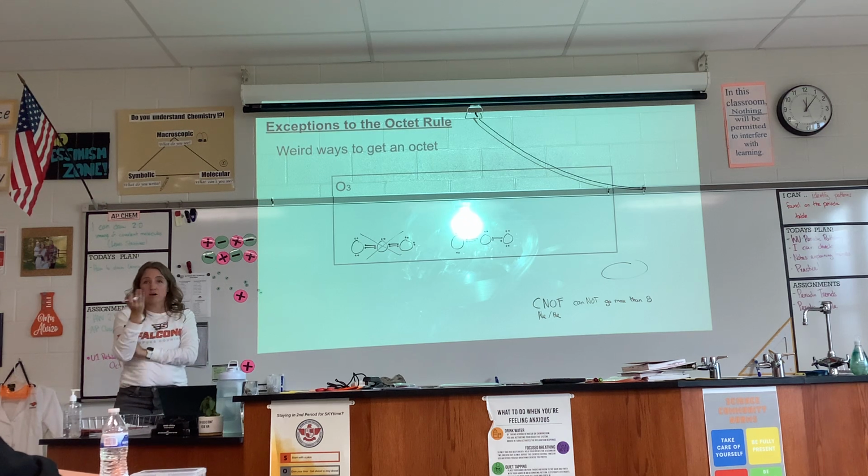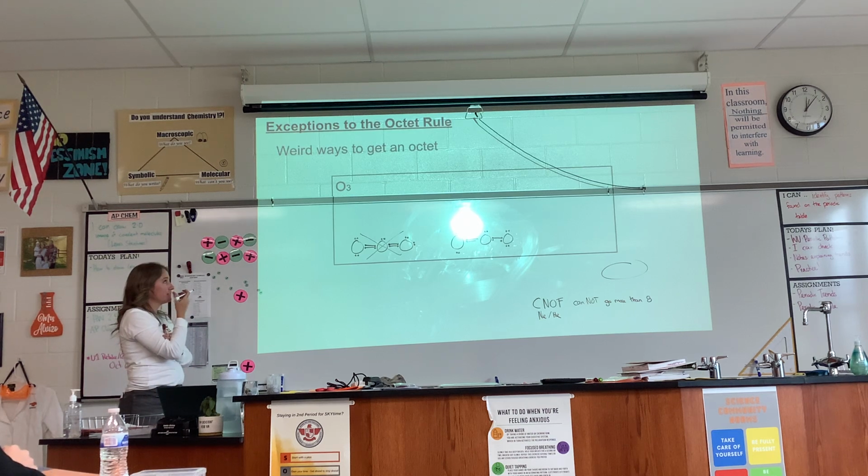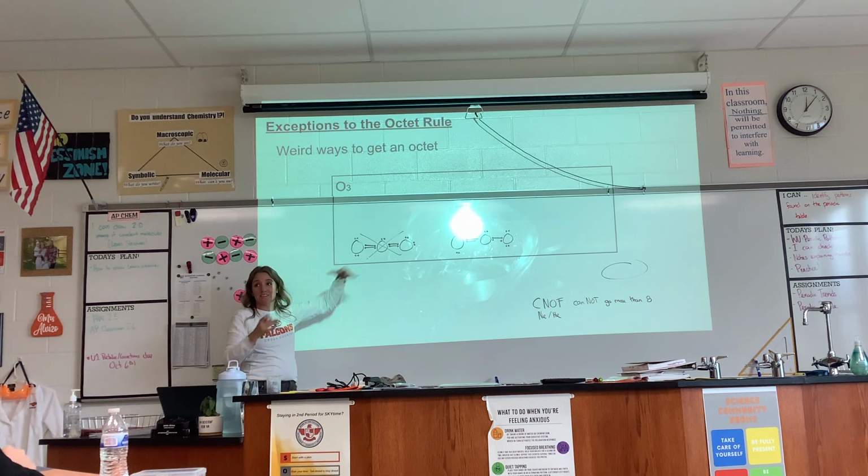Yeah, they don't have their octets, and we are told that all 3 have an octet. So when you run into this problem of, okay, I can't go hypervalent, and it's often the case with oxygen because you can't go bigger, some weird things happen where the electrons get passed and shared in a not normal sharing kind of way.